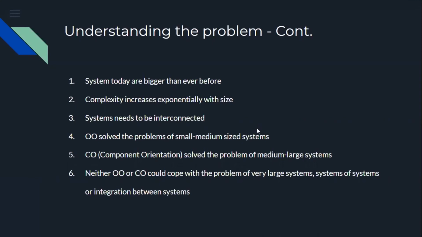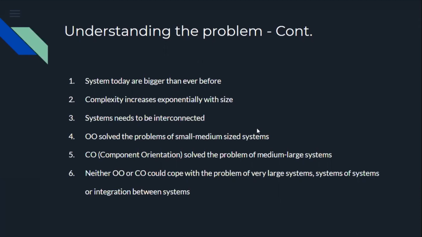The picture now is that one component of a system is interacting with hundreds of other components. That is the reason our systems are becoming very big nowadays. That is the biggest concern that older systems face: how to tackle that big a load.